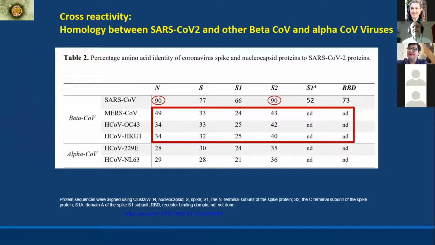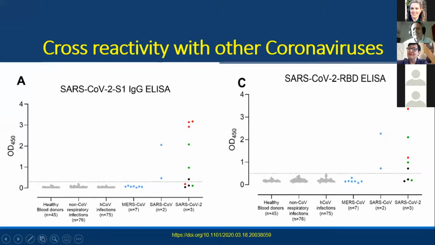When we look at the percentage of homology between SARS-CoV-2 and SARS-CoV-1, there is a big homology in the N antigen and the S2 part of the S antigen, while there is less than 50% homology with MERS-CoV, with other beta viruses or alpha coronaviruses, where there is very little homology with SARS-CoV-2.